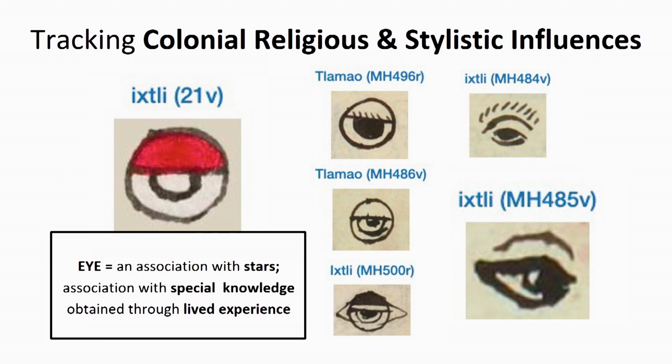But over time, the Tlamau gets Europeanized, if you will, gets eyelashes and eyebrows, and pretty soon it's a pointed oval shape. So it's going through this visual transformation, just as it's going away from being something rather sacred to just being an eye. So there you have it.